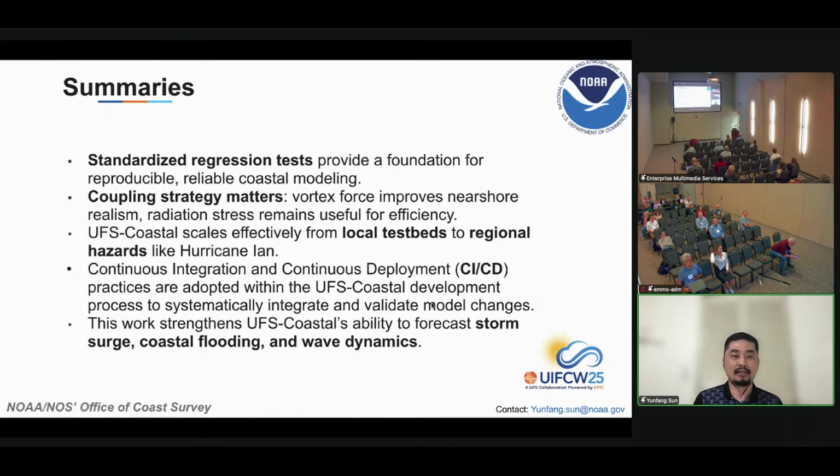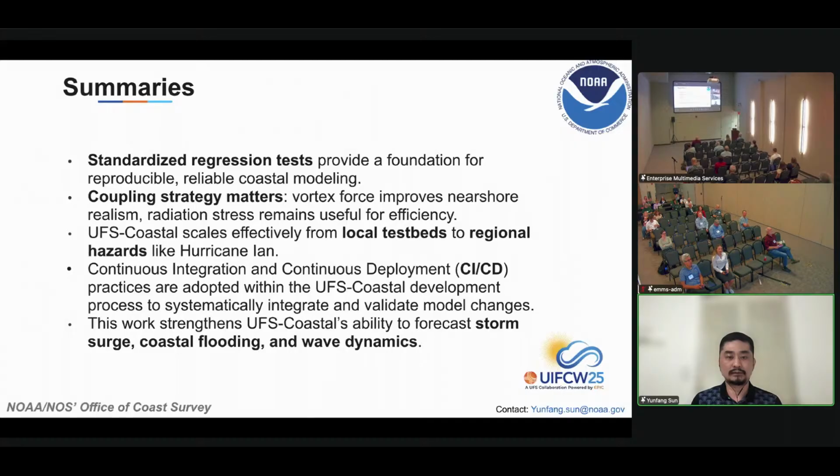For the summary here, firstly, the standardized regression tests provide a foundation for reproducible, reliable coastal modeling. Coupled strategy method: vortex forcing improved nearshore resistance; radiation stress remains useful for efficiency.